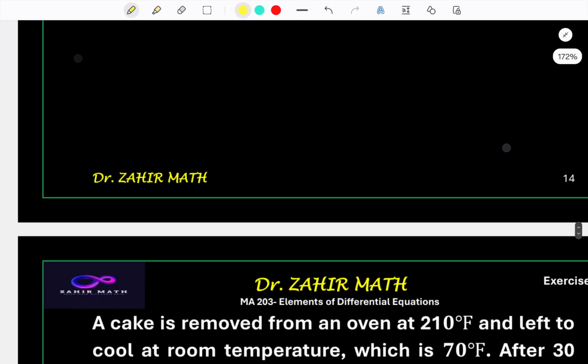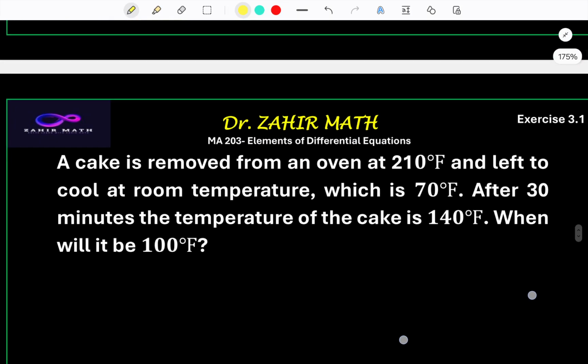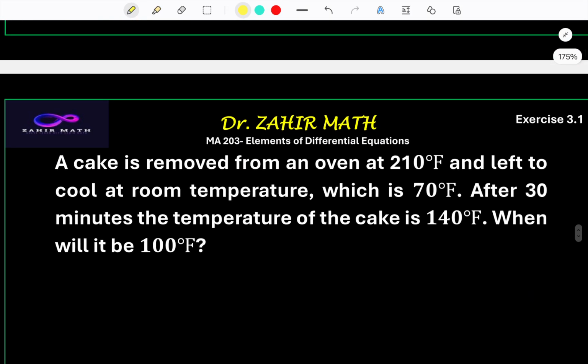I'll do one more question on Newton's law, because many students are finding word problems difficult. So let me do one or two more questions so that it'll be easy for you. Let us read this question. A cake is removed from the oven at 210 Fahrenheit. So at time t equal to 0, capital T is equal to 210, and it is left to room temperature, which is 70 degrees.